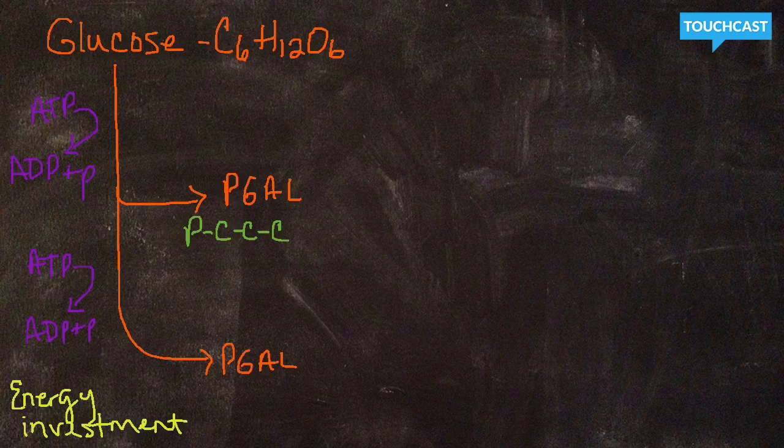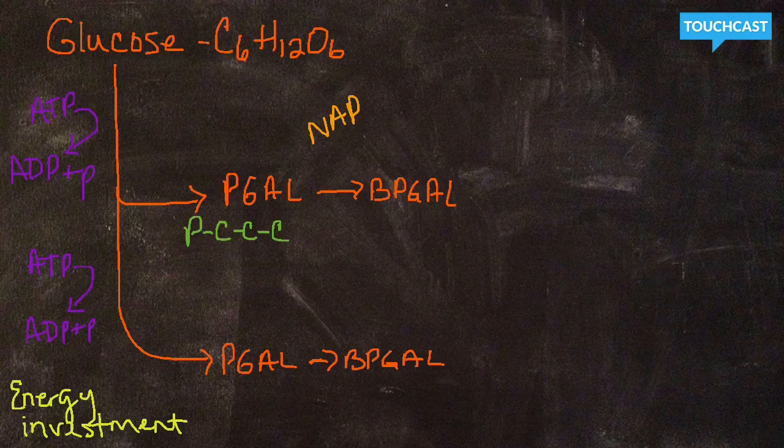Essentially, it is a phosphate and 3 carbons. Now, PGAL is going to be converted into BPGAL, and both molecules of PGAL are going to do this. And during this process, you end up with molecules of NADH being formed. So this molecule requires NAD plus, and that is going to come out as NADH.